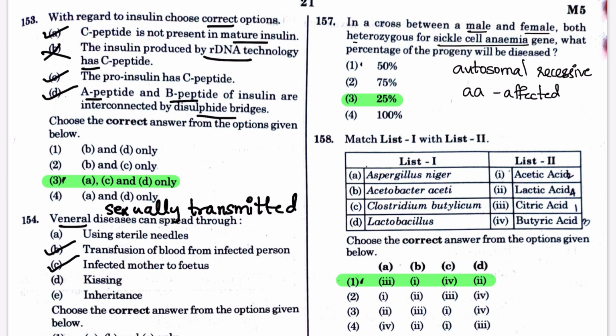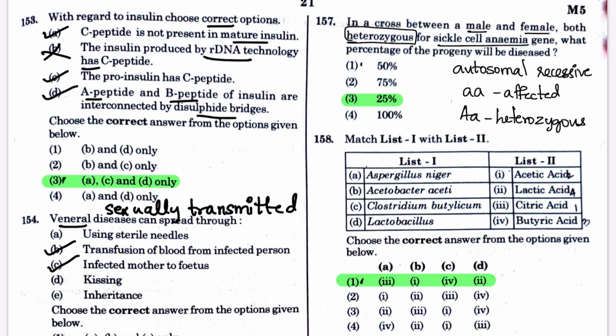But they have told they are heterozygous. Heterozygous in the sense both male and female would have been in this condition. So this is how we call them heterozygous. And they are asking, if they are heterozygous, what percentage of progeny would have been deceased.